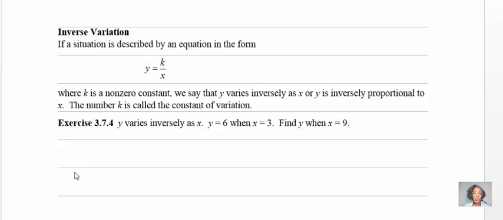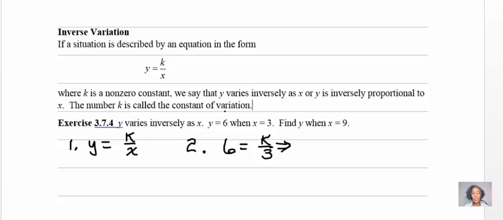Okay, so exercise 4 tells us y varies inversely as x. Our first step is to write an equation that models that. So y equals k over x. The second step of the process is to find k using the fact that y equals 6 when x equals 3. So 6 equals k divided by 3.